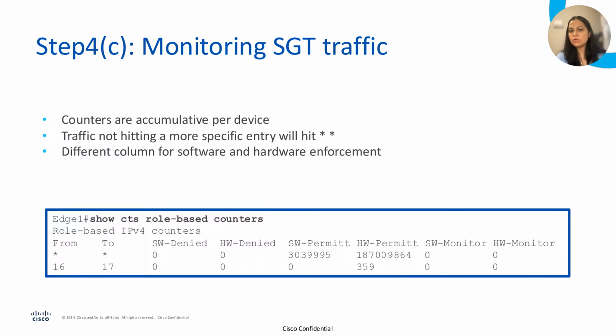In a working scenario, this hardware counter should increment. Traffic not hitting a more specific entry will hit star star. There are a few steps or commands that you can use while you're troubleshooting SGT or segmentation policies, but I've tried to put them in a logical order as much as I can, so that you can follow it in your troubleshooting scenario and it gives you some kind of help.